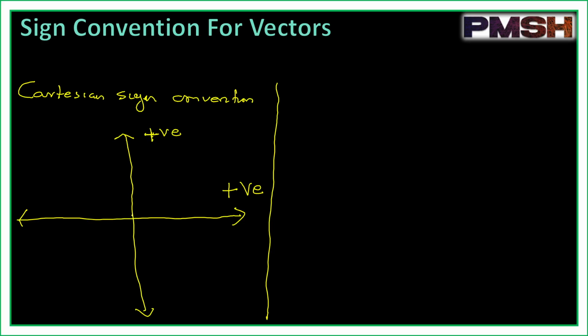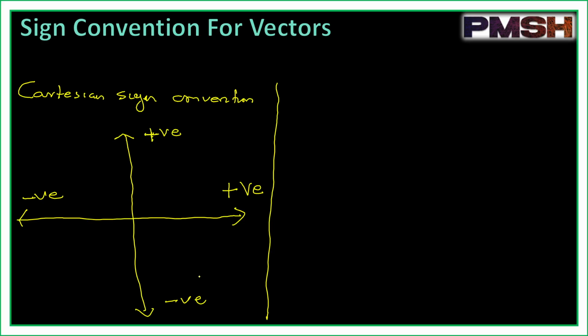When the physical quantity direction is to the left, that will be taken as negative. And if it is in the downward direction, then that is also taken as negative. Clear?